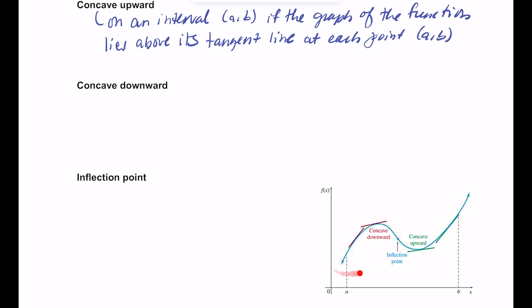Okay, now going back to this, you can figure out what I'm going to write for downward, that the graph of the function is going to lie below the tangent line at each of the points AB. Okay, so this is going to be the same thing on an interval AB.